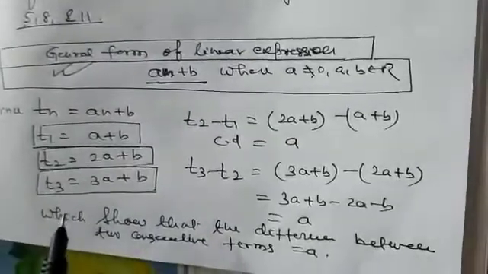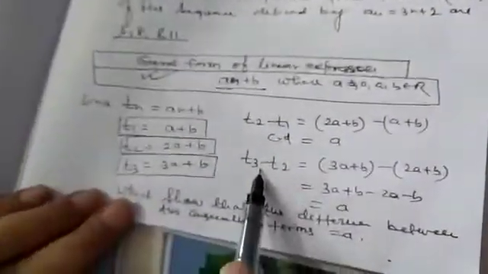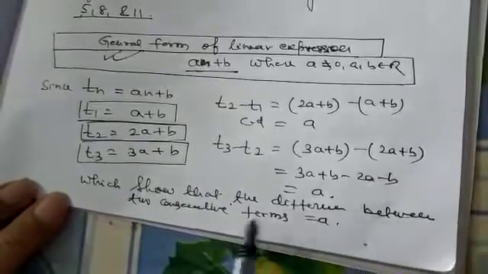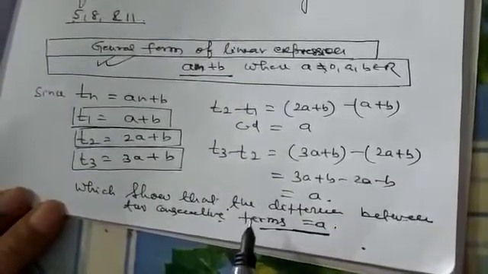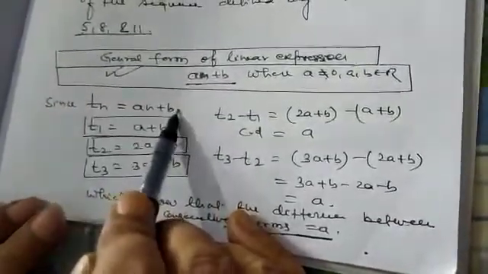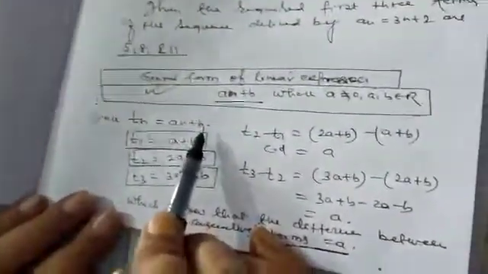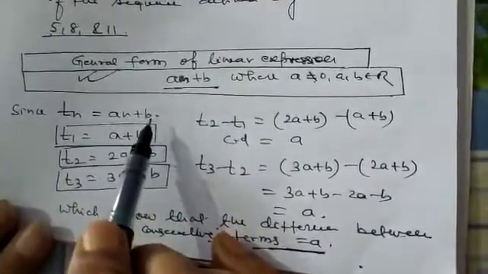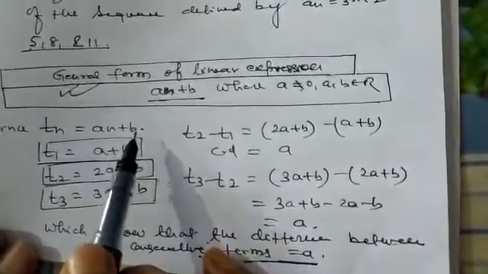Now t2 minus t1 is equal to a, and t3 minus t2 is equal to a, which shows that the difference between two consecutive terms is equal to a. This proves the result: if Tn is a linear expression, then the terms will be in AP. You must remember this so that you can solve board problems also.